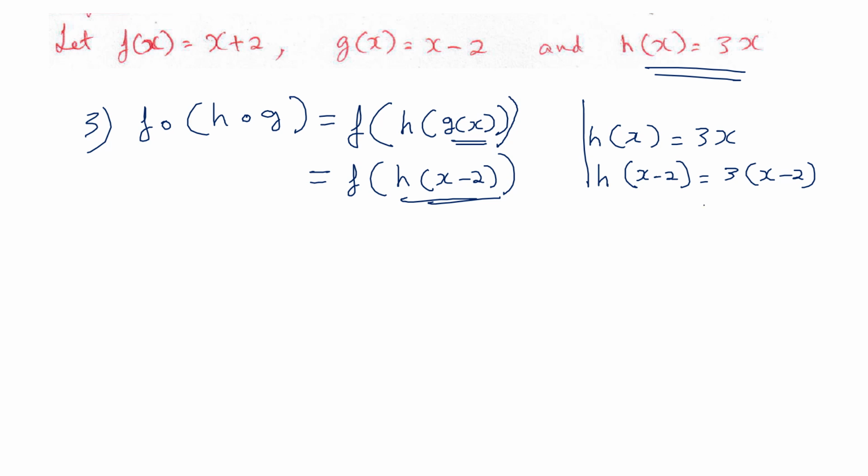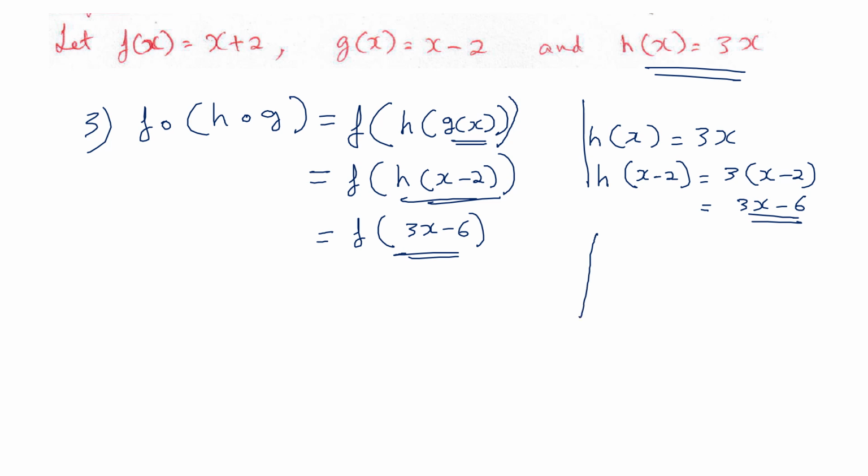So what you get here? 3x minus 3 into 2 is 6. So in place of h of x minus 2, we have to write it now. So f of h of x minus 2 is, what is it? 3x minus 6. Next is to find out what is this f of 3x minus 6.